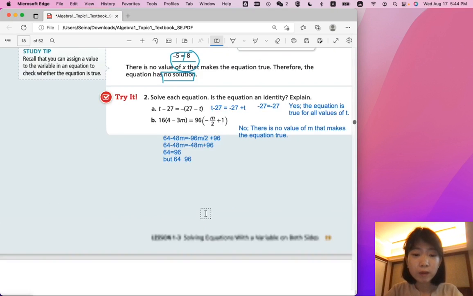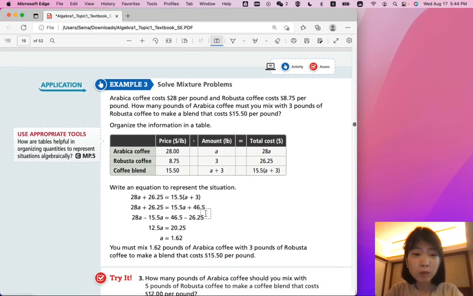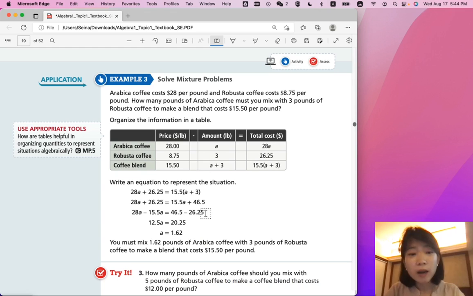Okay, let's look at example 3. Solve mixture problems. Arabica coffee costs $28 per pound and Robusta coffee costs $8.75 per pound. How many pounds of Arabica coffee must you mix with 3 pounds of Robusta coffee to make a blend that costs $15.5 per pound? So this is an organization table. Looking at this information, there's a lot of information here.